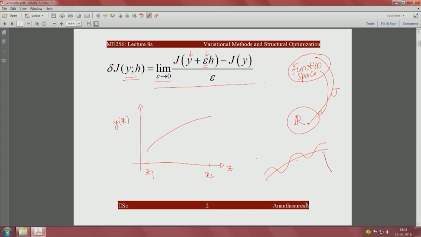So, if this is my y of x, this squiggly line over it is y plus epsilon times h of x, where h of x is an arbitrary thing, you can make it whatever, multiplied by a small number because epsilon tends to 0. That is how Gateaux variation is defined mathematically.